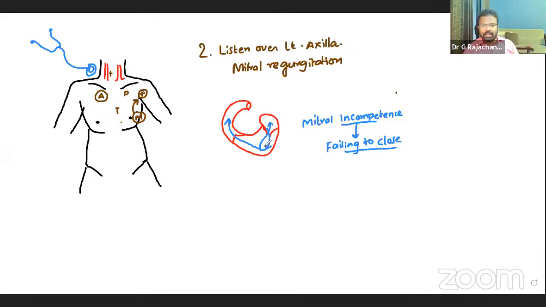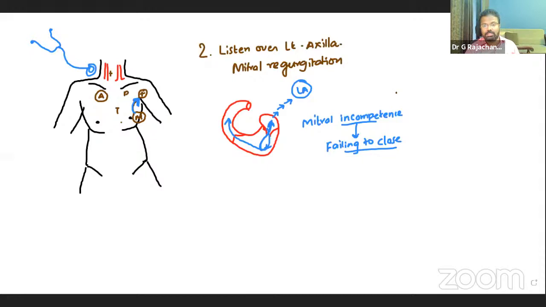See this arrow mark, it is entering back. So now the blood is moving in the direction of the left axilla, and the turbulence is also generated towards the left axilla. Because of the direction of the regurgitant jet, the turbulence will be more towards the left axilla. That's the reason why we need to listen to the left axilla.